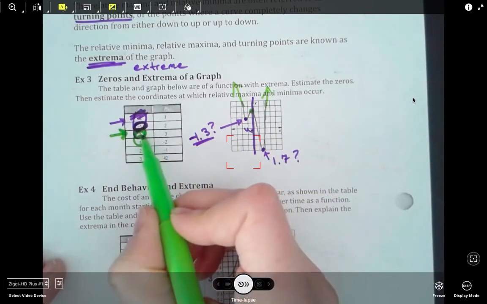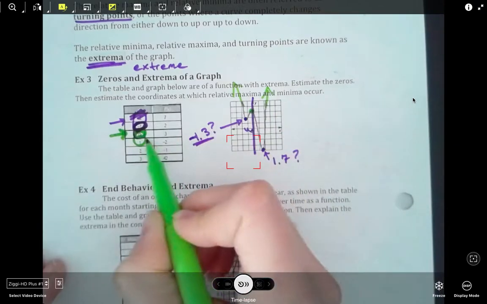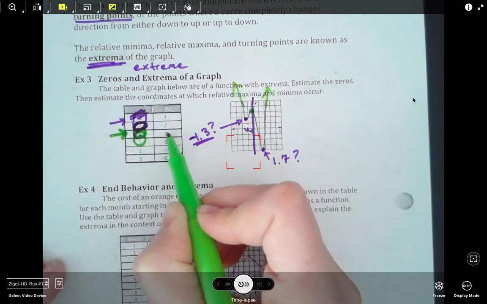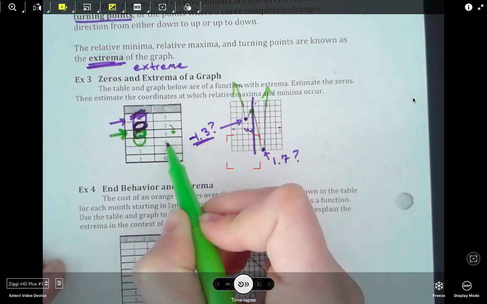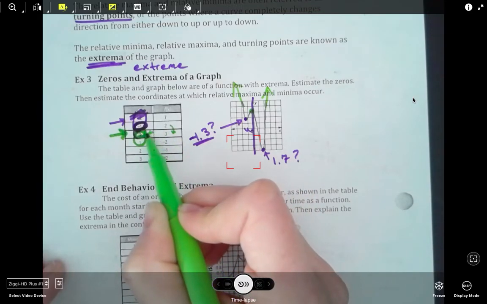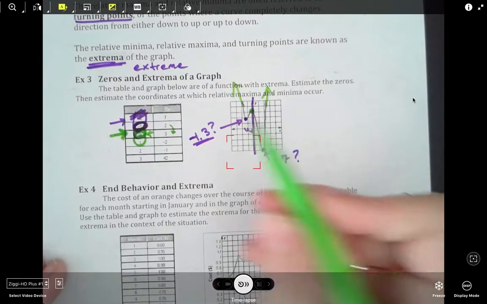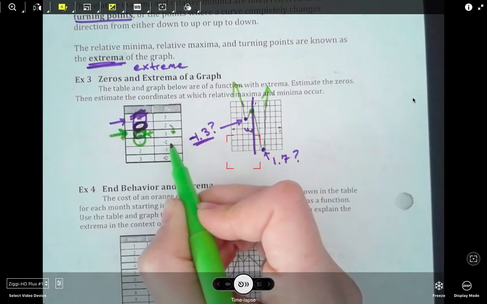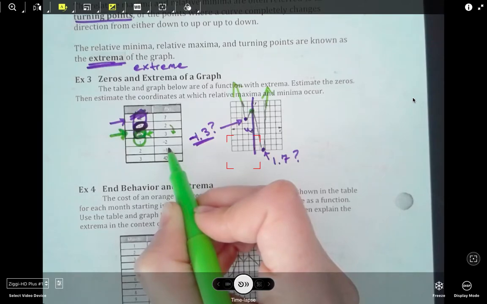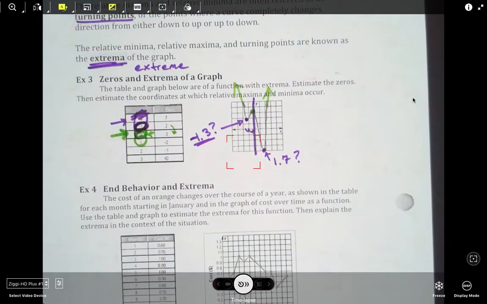Okay, so the green one is for the high point. Because it's going from 2 to 3, which means it's going up, and then from 3 to -2, it's going back down again. So it's turning around somewhere close to 0. Okay, and then if we look at -2 to -1, then it's turning around and going back up again.